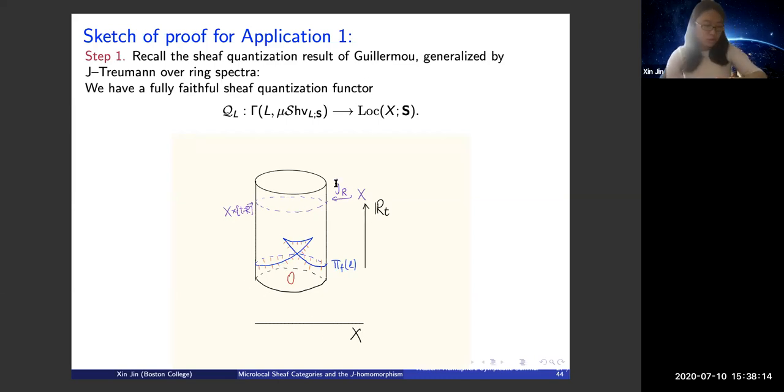Roughly speaking, first you have an equivalence of categories between the microlocal sheaves and the category of sheaves on this total space with singular support in this Lagrangian, which you also demand to be zero far below. And then this is an equivalence.